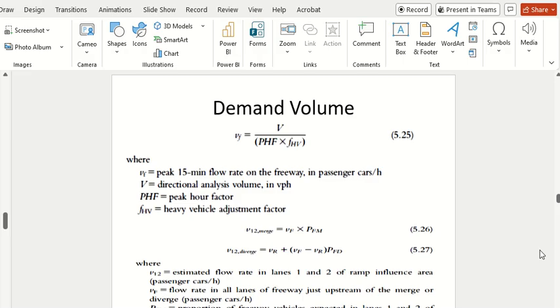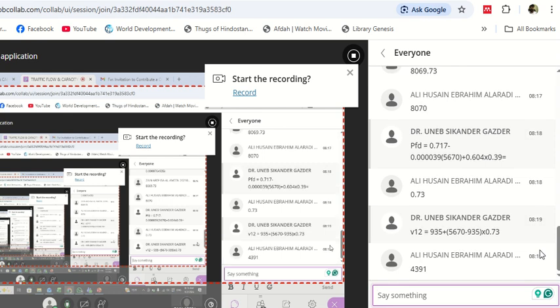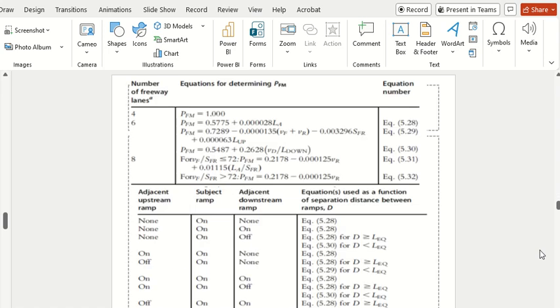How much is this? Okay, 4391. Now I need to apply the checks.